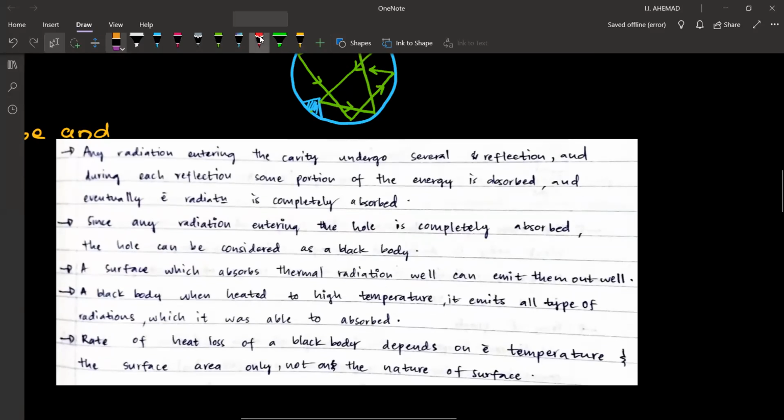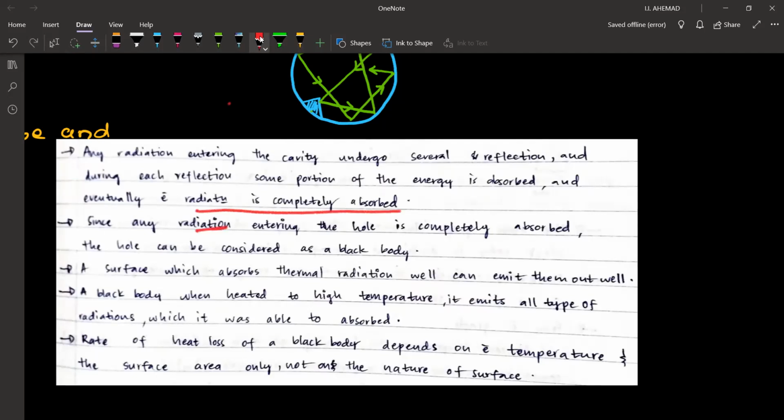Look, any radiation entering the cavity undergoes several reflections, and during each reflection, some portion of the energy is absorbed. And finally, the radiation is completely absorbed.